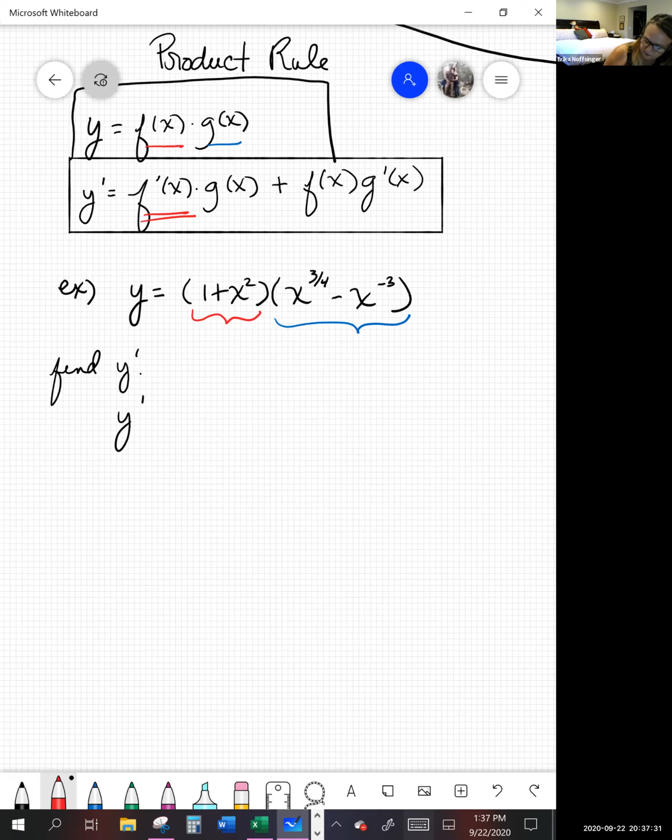So derivative of the first, I'm not going to write out how I wrote it out before. I'm just going to go through and take it. A derivative of the constant is always 0, and the derivative of x squared: bring our power down front, 2, same base x, and subtract 1 from our exponent. So 2 minus 1 is just 1.